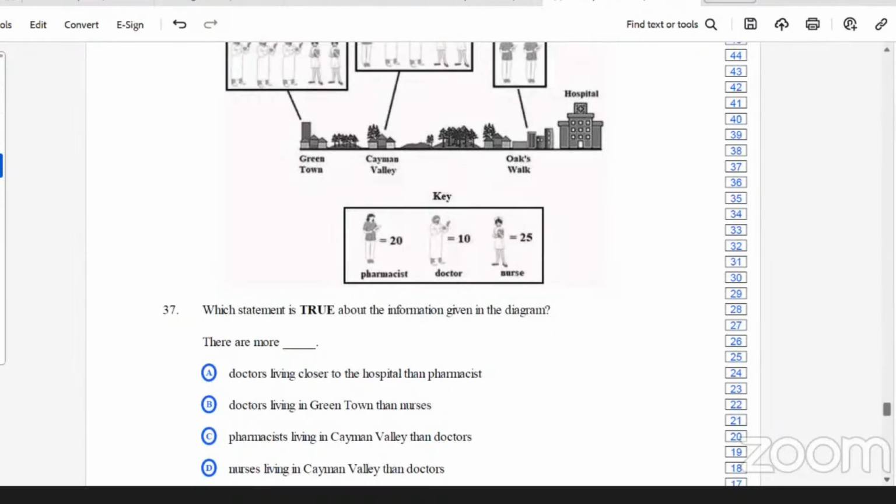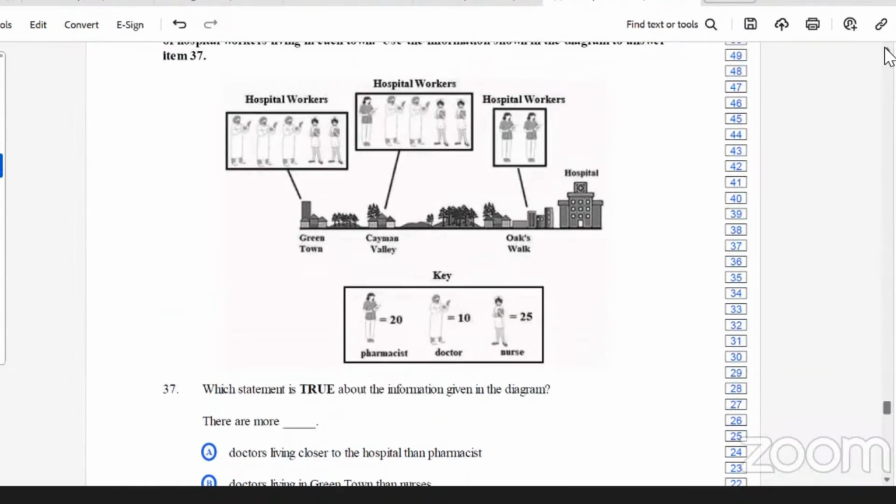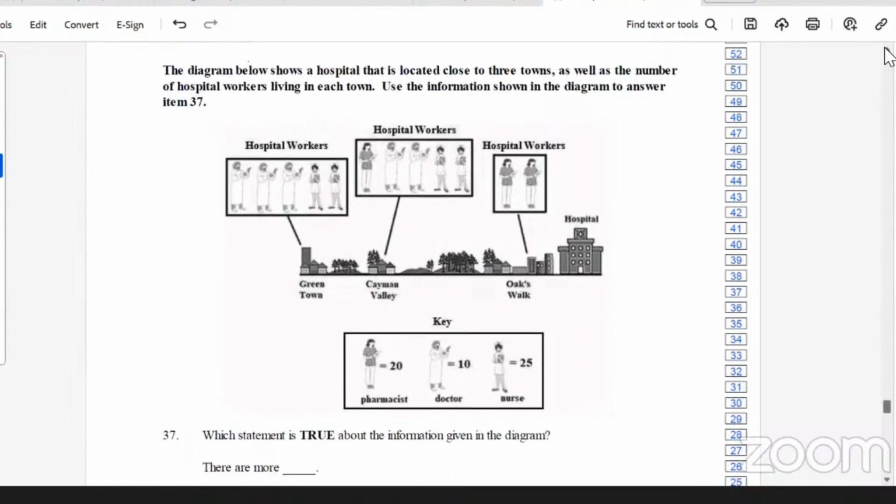So we are going to have to look at the numbers for each of them, and then we can better give the answer for this. So for Greentown, let me do it over here. So for Greentown, I'm going to call that GT.